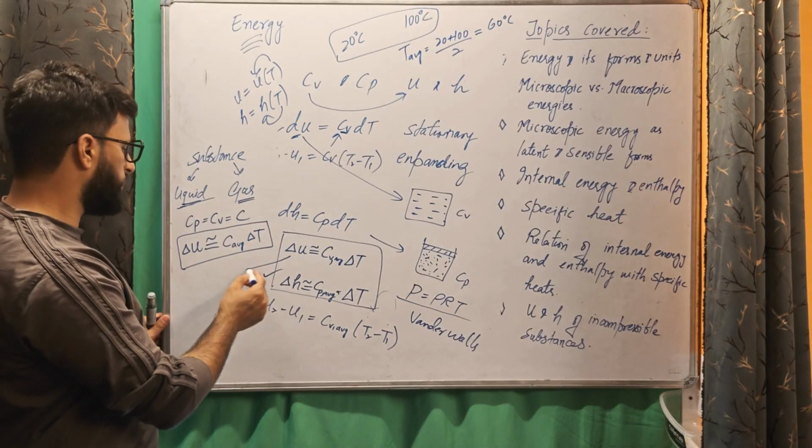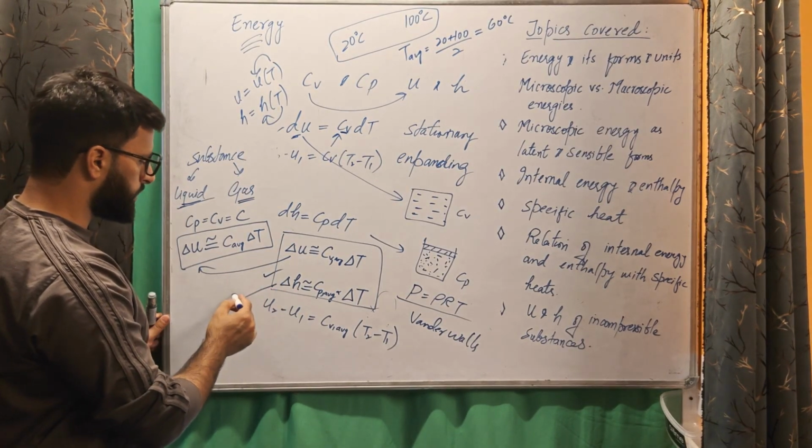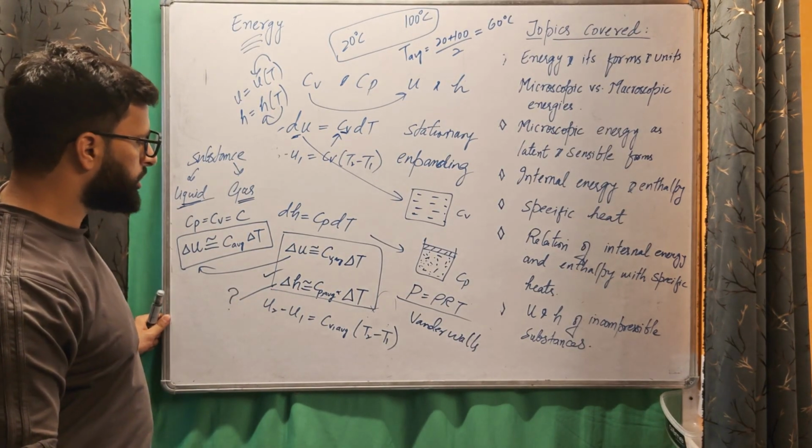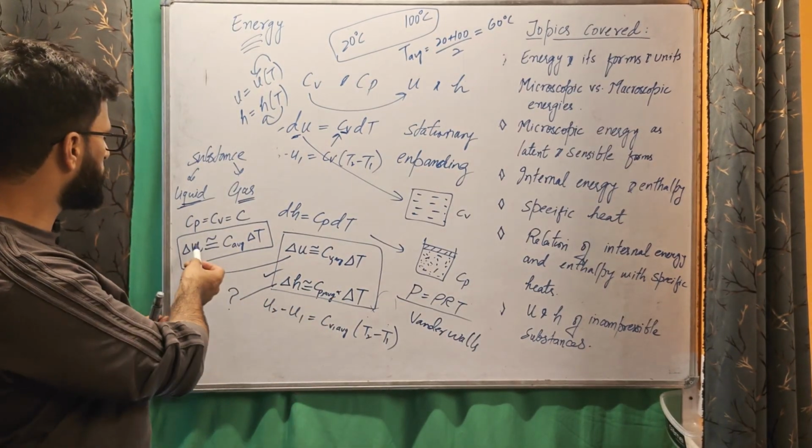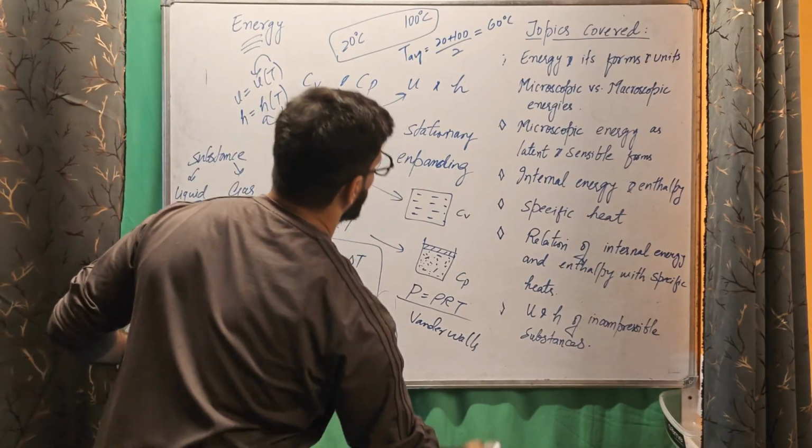For this equation we have this, and what about this? How do we find the change in enthalpy of a liquid? We cannot use CP because CV and CP are the same, that is used for internal energy.